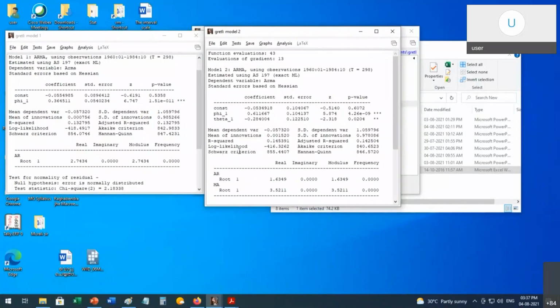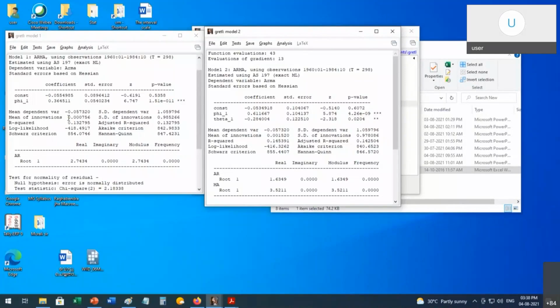That is the Schwarz criterion or Schwarz Bayesian information criterion. So for this model, it is 854. And in this model, it is 855. So considering the information criterion, this model is better than this model. So the model selection is done based on the information criterion, where the information criterion is the least. So we select this one.